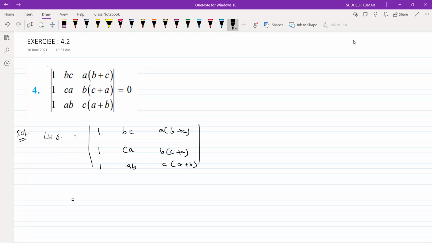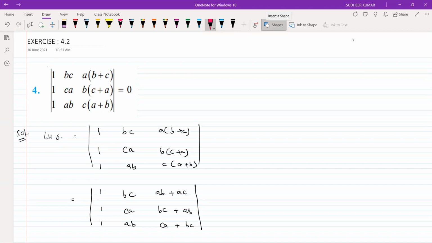Now expand it. So this result is 1 1 1 first column, and the next one is BC, CA, AB, and the third column is, what is the third column value? AB plus AC, BC plus BA or AB, next CA plus CB or BC.